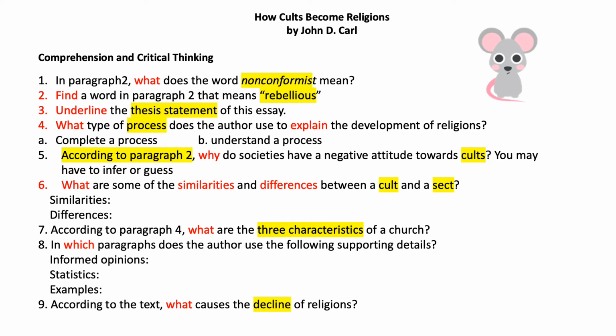Question 7, according to paragraph 4, what are the 3 characteristics of a church? It has a great number of followers, it's a clearly organized structure, and it has specifically trained leaders. Great number of followers, clearly organized structure, specially trained leaders.